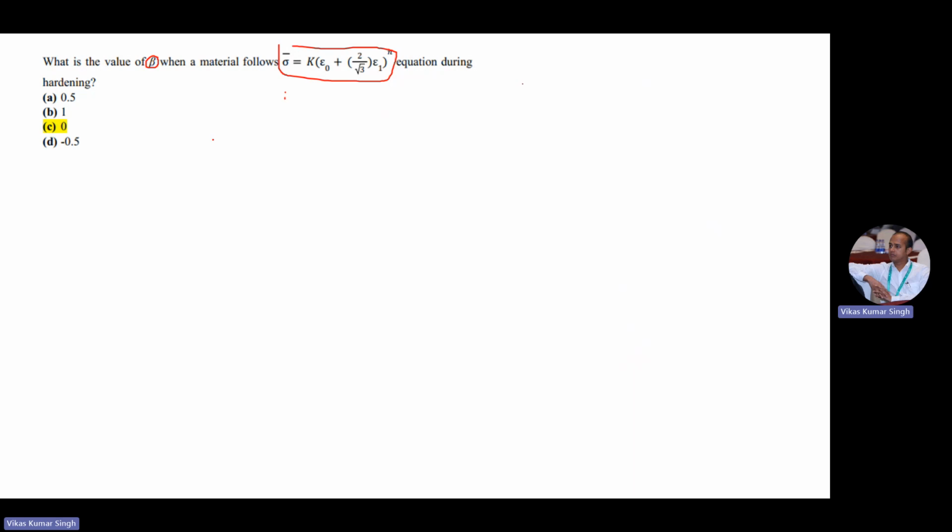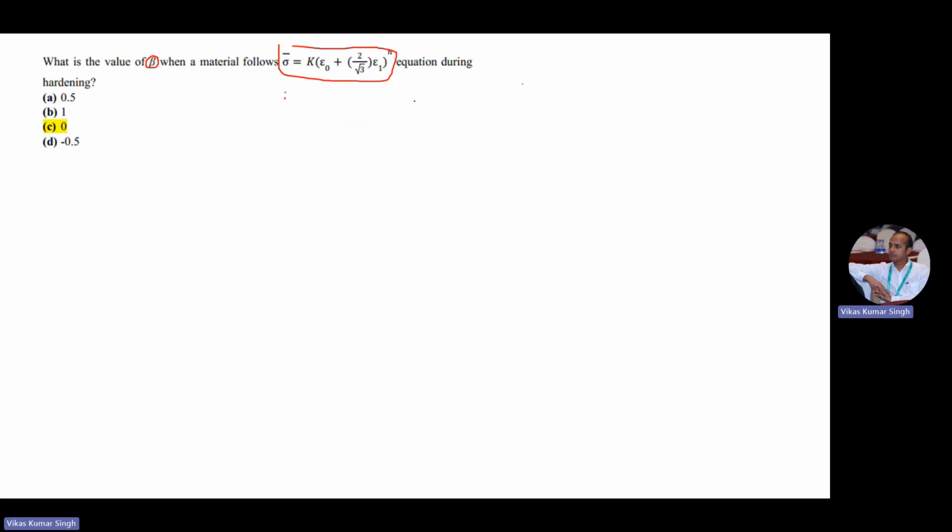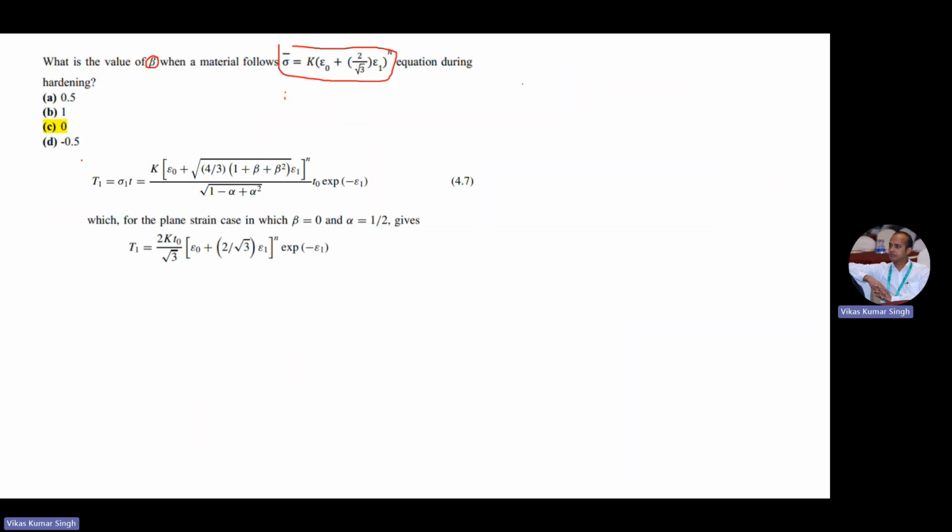If you see the previous equation, the same equation is coming again in this question. We just have to put in the standard case. For plane strain, when will this condition come? We just have to check.